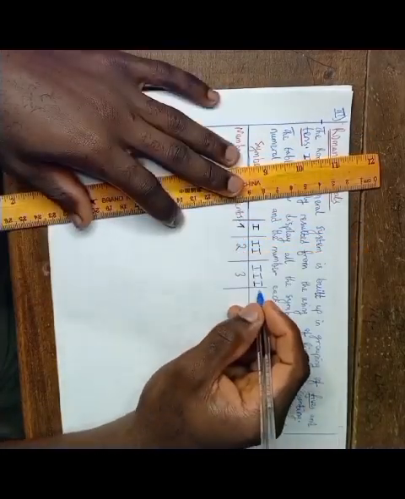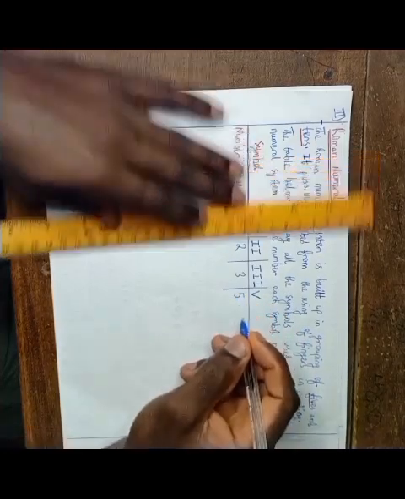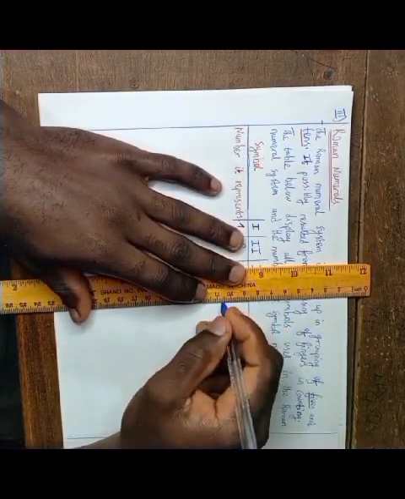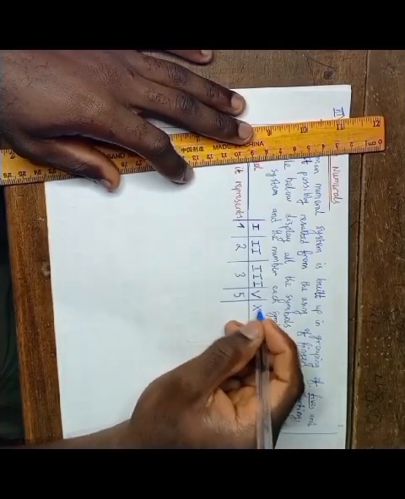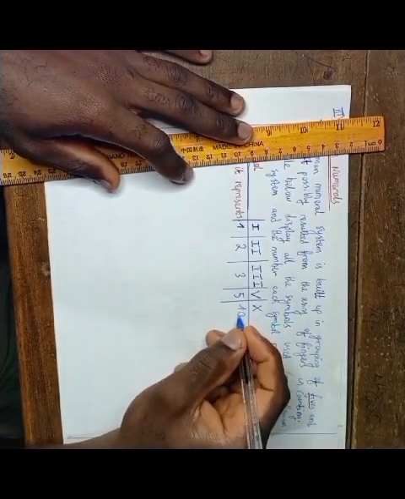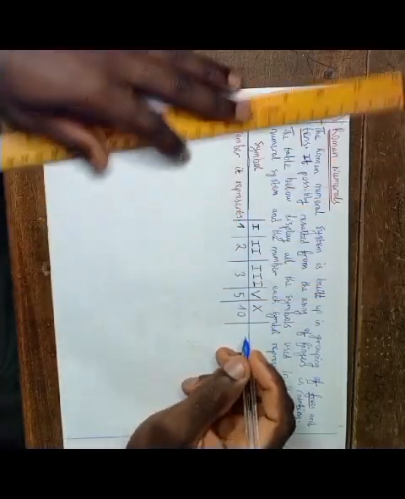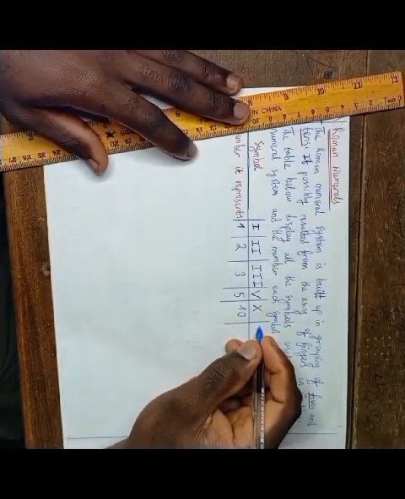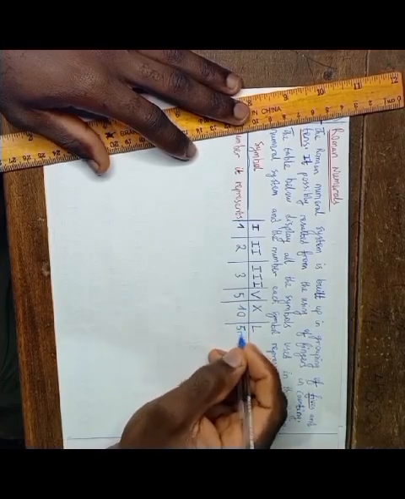Next, they made use of the symbol V to represent the number 5. Next, they made use of the symbol X to represent the number 10. They made use of the symbol L to represent the number 50.